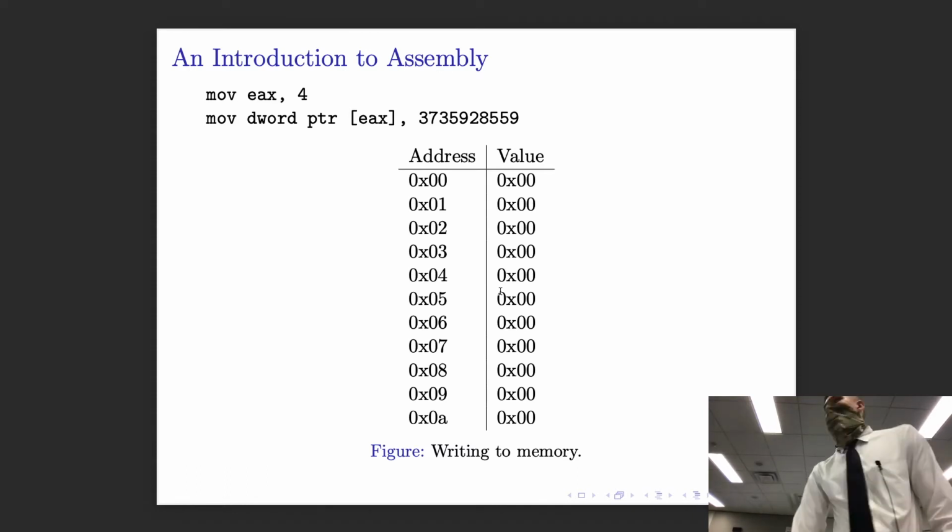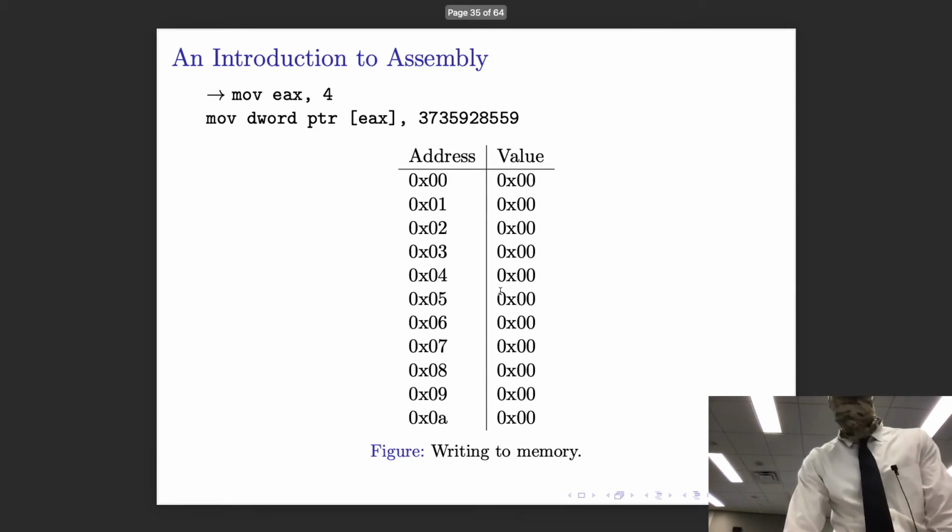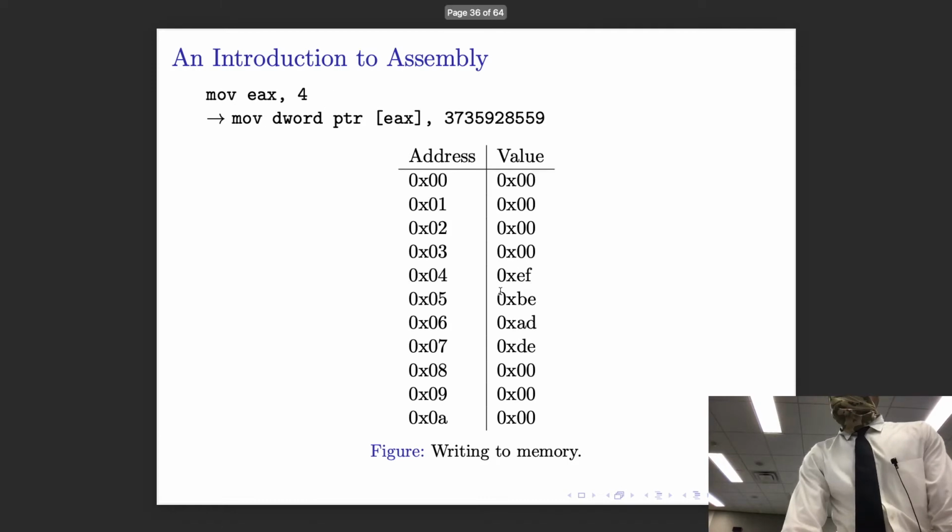No objections? Sweet. So we're going to write this number into address 4. It's 0, and then we do a write to memory. We're going to explain this shortly, but you see that memory changes.